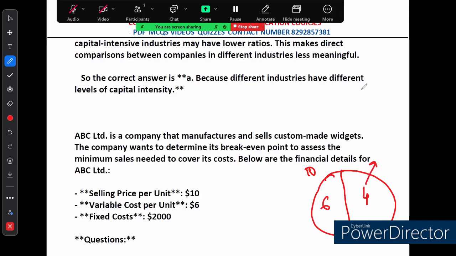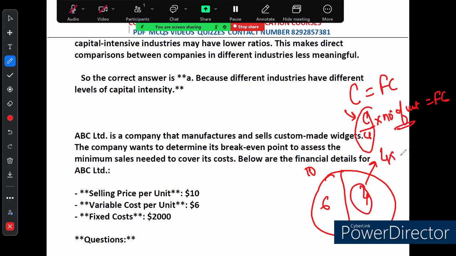And we know at break-even point, contribution margin is equal to our fixed cost, and this can be written as contribution margin per unit times number of units is equal to fixed cost. Contribution margin per unit is $4. Suppose n is the number of units, and fixed cost is $2000. So n is equal to 2000 divided by 4, which is 500 units.